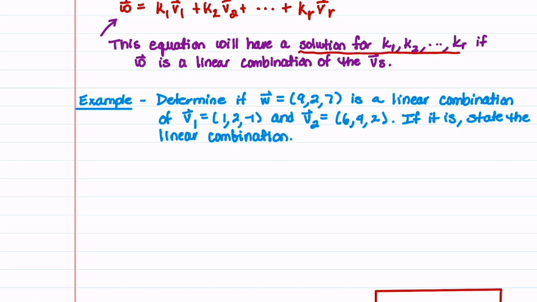We're now going to look at a problem where we have to determine if W is a linear combination of two vectors v1 and v2. And if it is, we're going to go a step further and state the linear combination. So we'll start with W equal to k1 v1 plus k2 v2, and ask ourselves, does this have a solution?